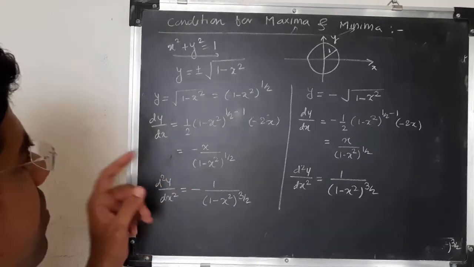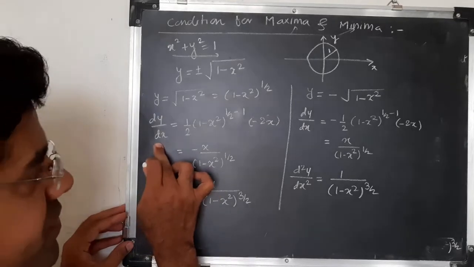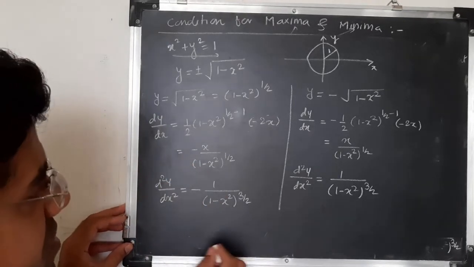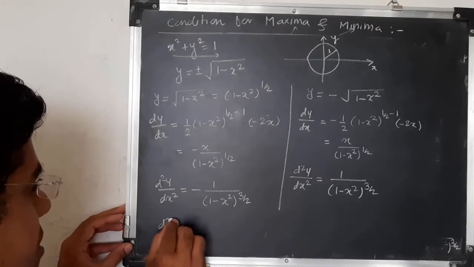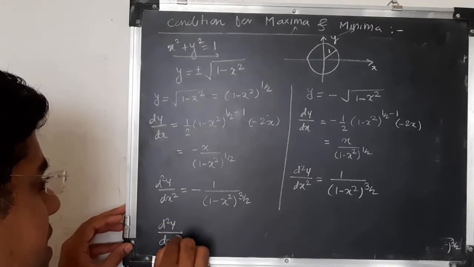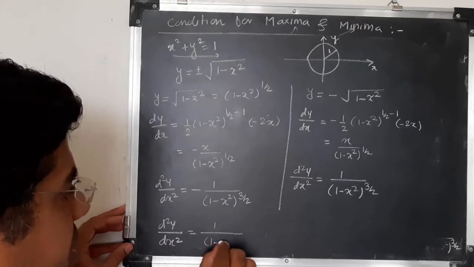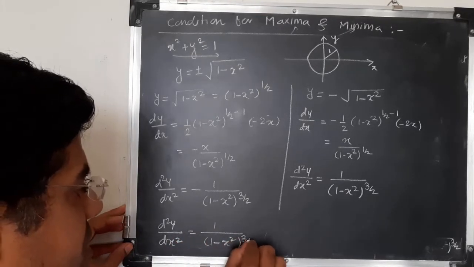So please remember, what I will get for this one is d2y by dx square equal to 1 divided by 1 minus x square raised to 3 by 2.